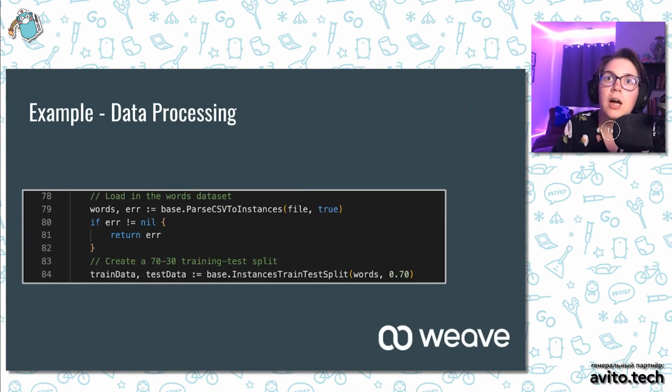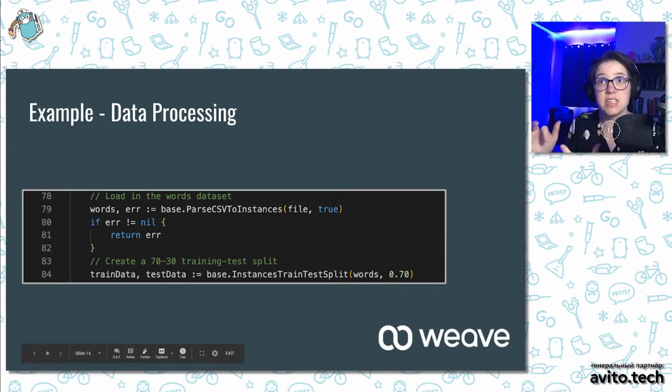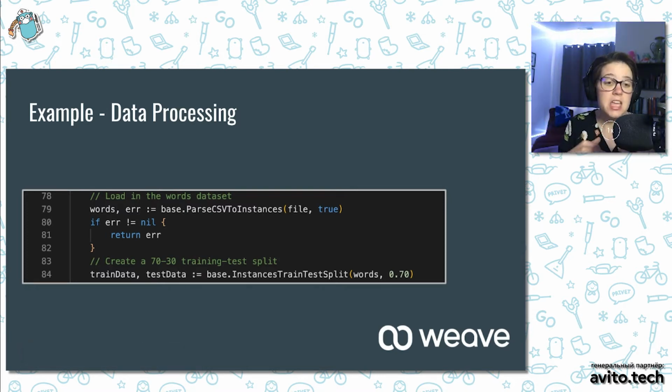So, here is a bit of code that shows you how we bring in our file. Really kind of simple. We just take a CSV file and we parse it into a data set of words. Then we're going to take that and split it into 2 kinds of data sets: a testing data set and a training data set. The training data set is used to define those cases in our model, right?